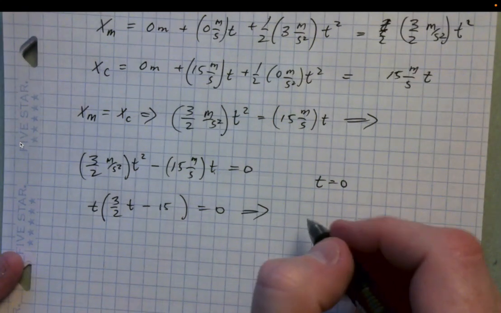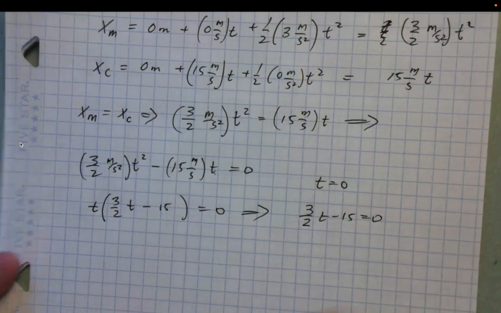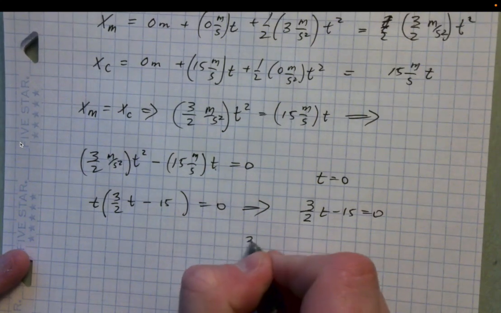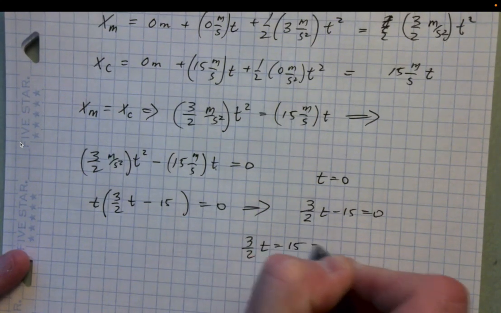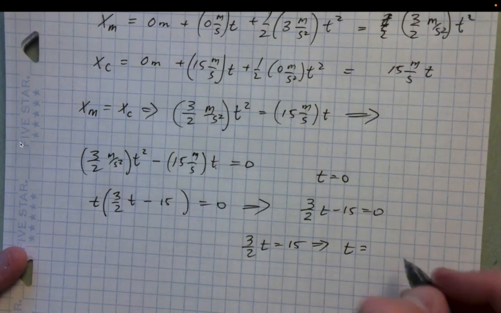Or, more interestingly, I can say 3/2 t minus 15 equals 0. Obviously the second solution is the interesting one. So 3/2 t equals 15, and that means t equals 15 divided by 3/2, which is 10 seconds.